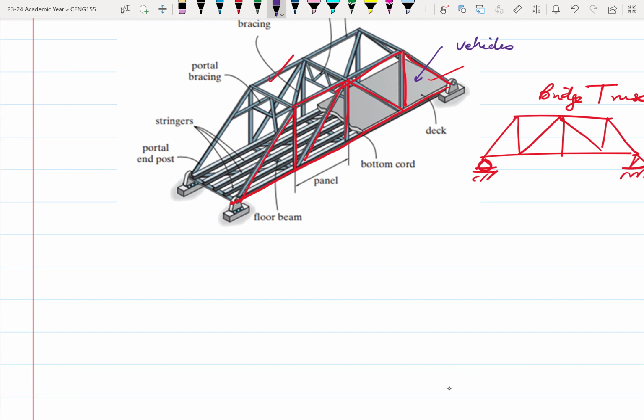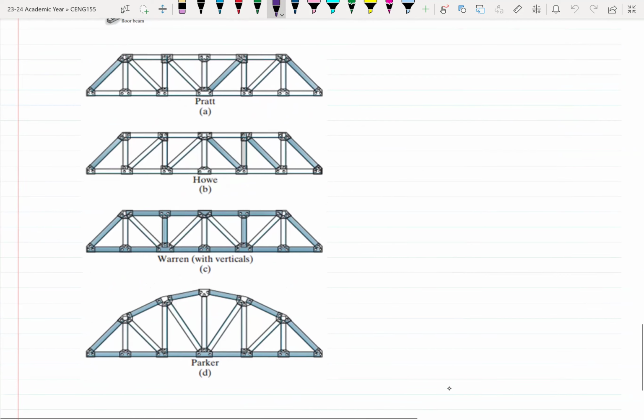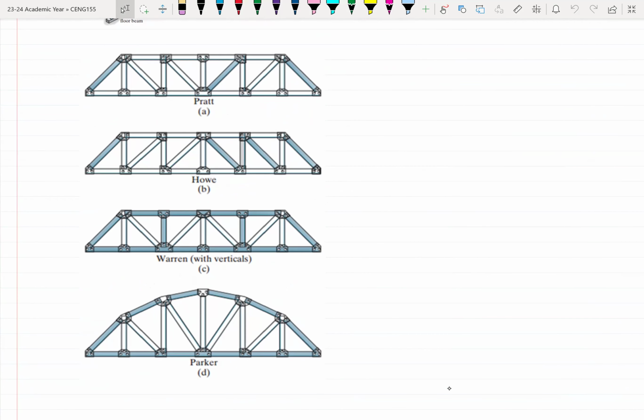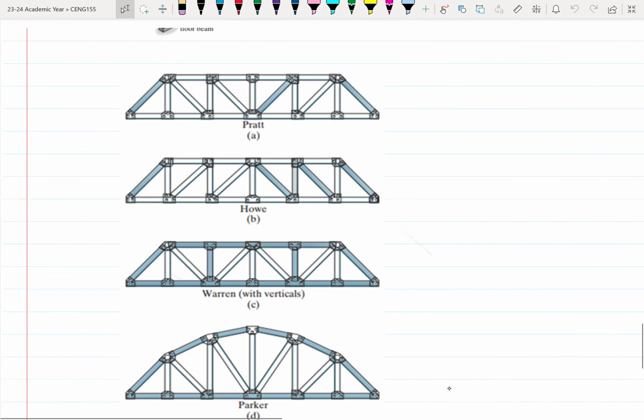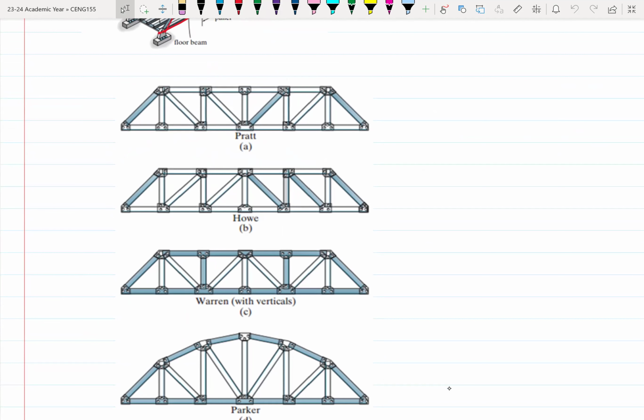Again, we have different types of bridge trusses. I'm showing some examples. They have similar names to those of the roof, but these design configurations are adopted when you are looking at a bridge. So typically for bridge trusses, you might have one or two or three of these trusses.